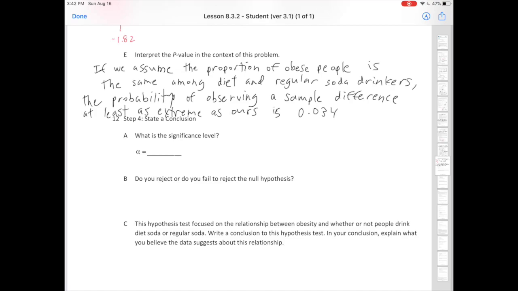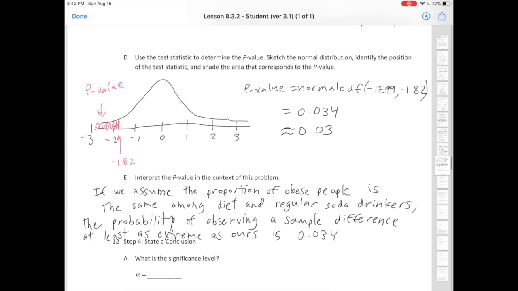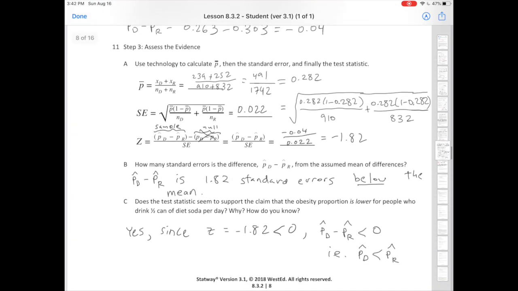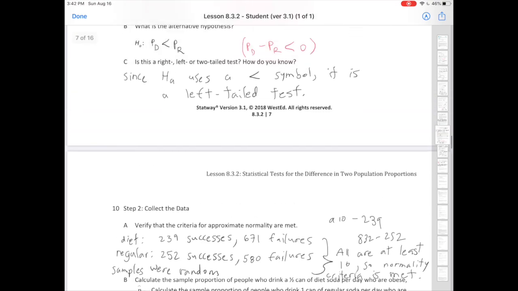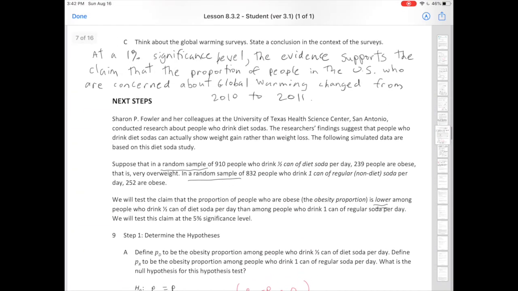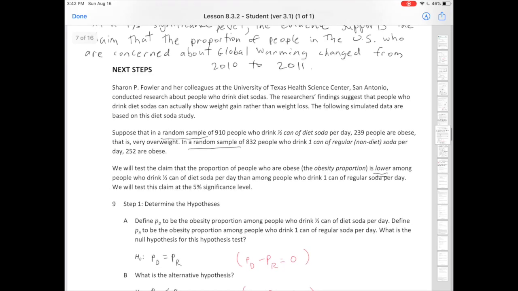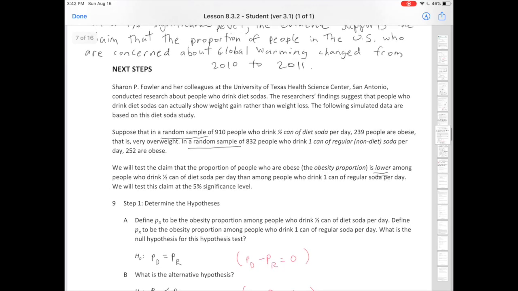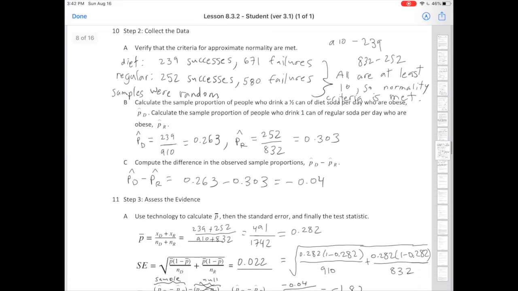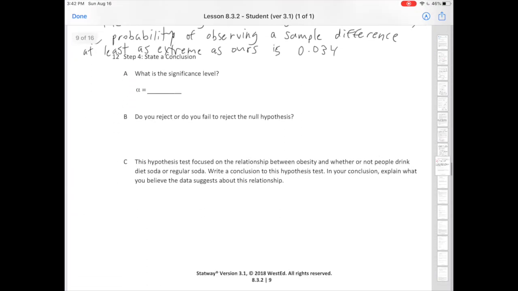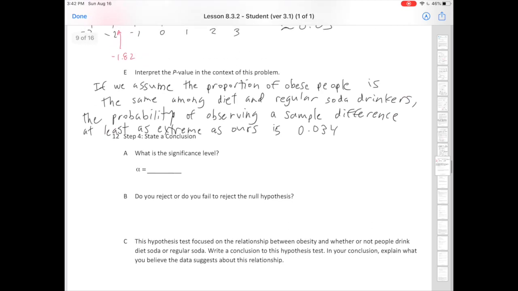And so let's go to our significance level. Now, I'm not sure of the significance level because I need to go back and look. Again, it's always stated by the problem itself. And it does say here, we will test this claim at the 5% significance level. Okay, so coming back here, alpha is equal to 0.05, right? Because it says 5% significance.